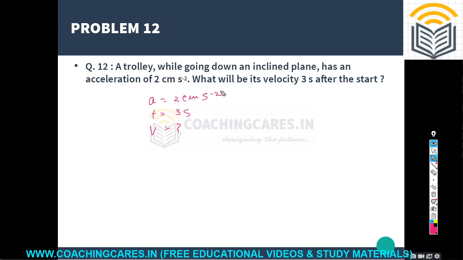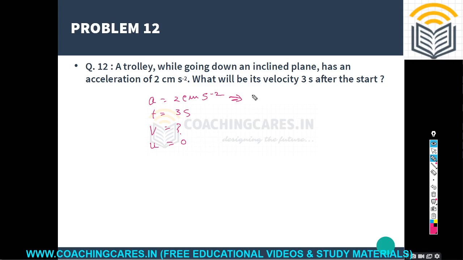A trolley is moving with the acceleration. It is given, so the trolley was at rest. We are assuming it is at rest, so initial velocity will be 0. Before applying this, we'll convert centimeter per second square into SI unit meter per second square.